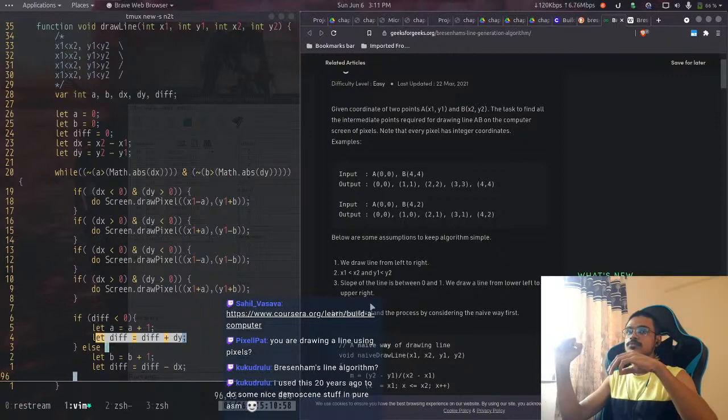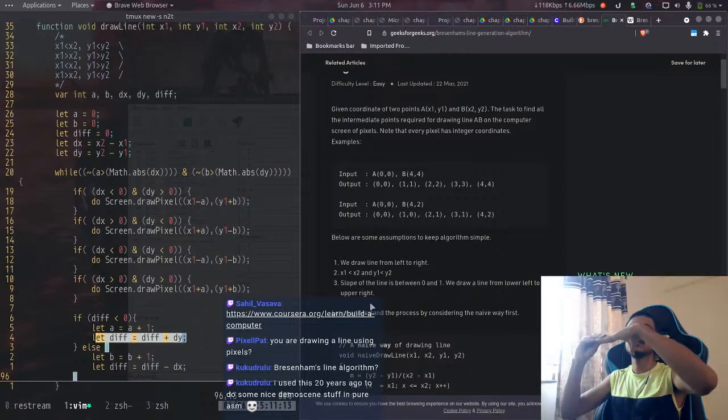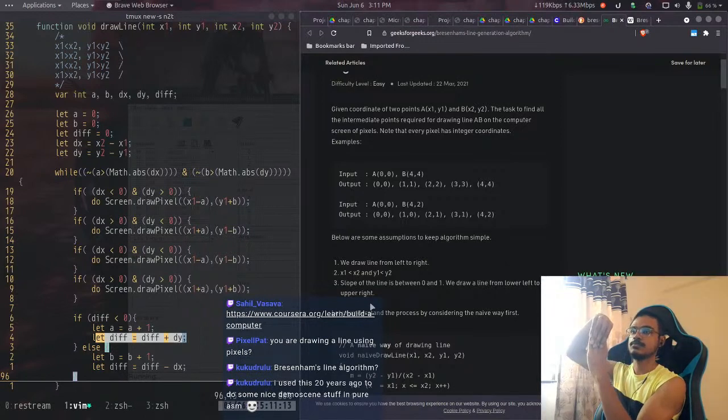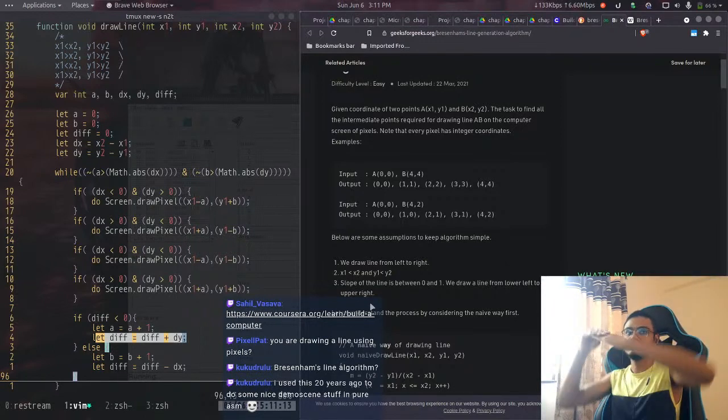Yeah, the 0 slope will be here and 1 will be here, right? I don't know.